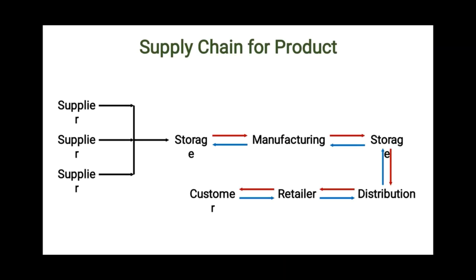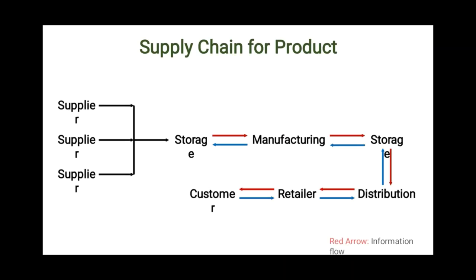Then the finished product should be stored in a warehouse. That finished product should be distributed to different retailers or wholesalers, and the retailer will make the product available for the customers. This blue arrow indicates the material flow, and the red arrow indicates the information flow, which is very essential for the supply chain.